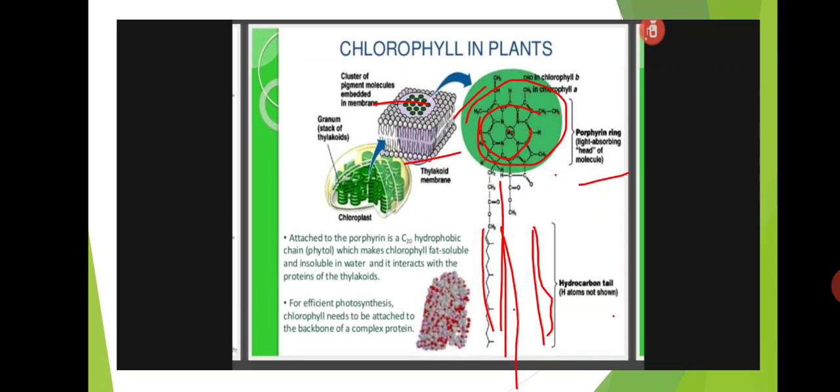For efficient photosynthesis, chlorophyll needs to be attached to the backbone of a complex protein. This is chlorophyll in plants.